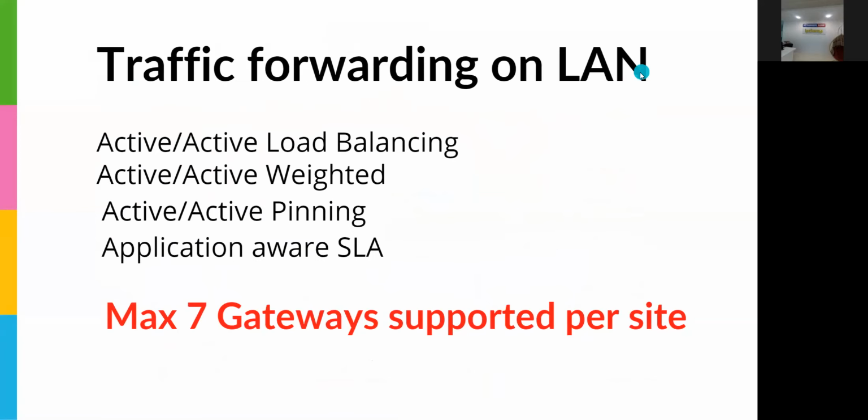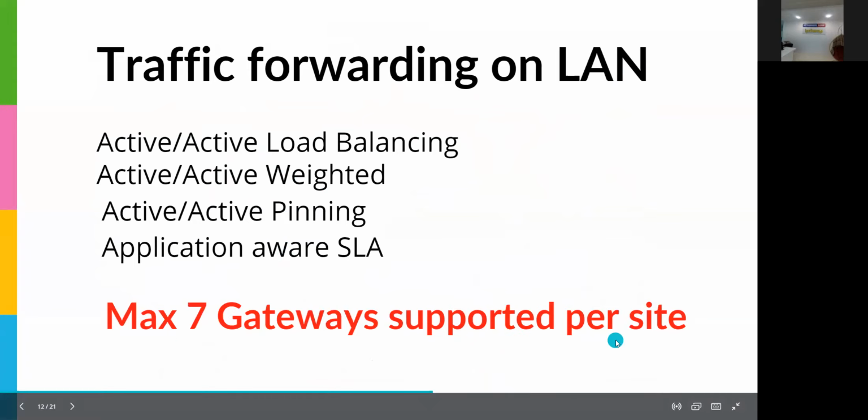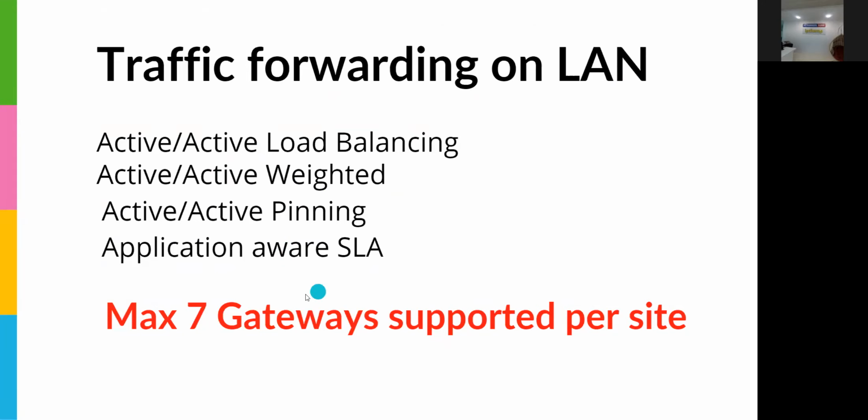So traffic forwarding on the LAN. What kind of traffic forwarding policies can you basically implement? There are 4 types of policies which are basically there. And I said last time also, maximum 7 gateways are supported per site. Sorry, I think it was 16 interfaces and 7 gateways.